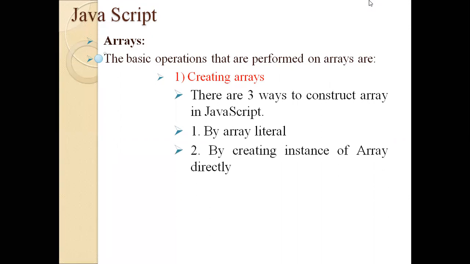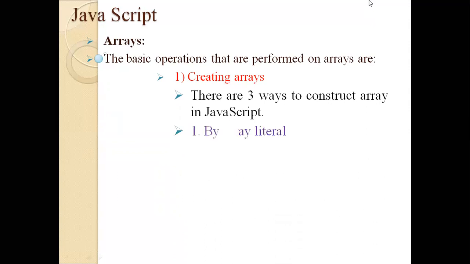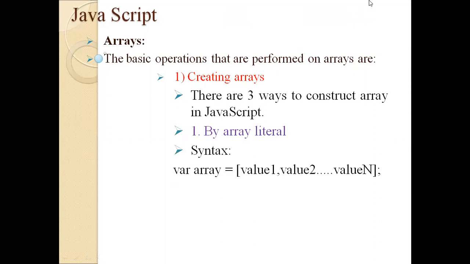The second one is by creating an instance of an array directly. And the third is by using an array constructor. Let us see the things one by one. Among the three ways, this is the first way, by array literal.